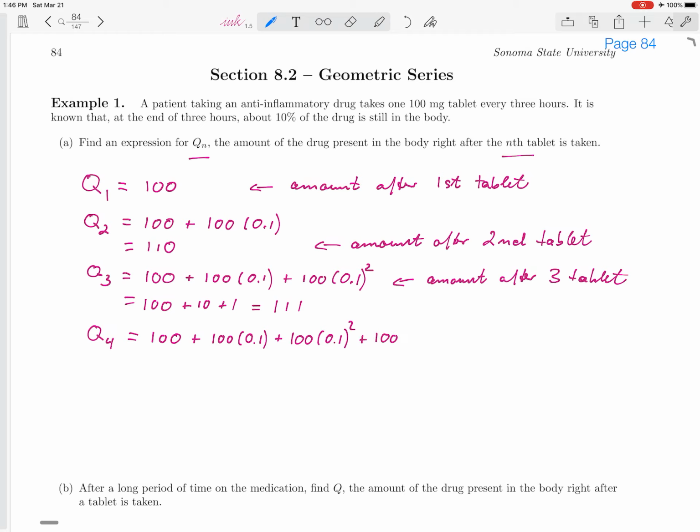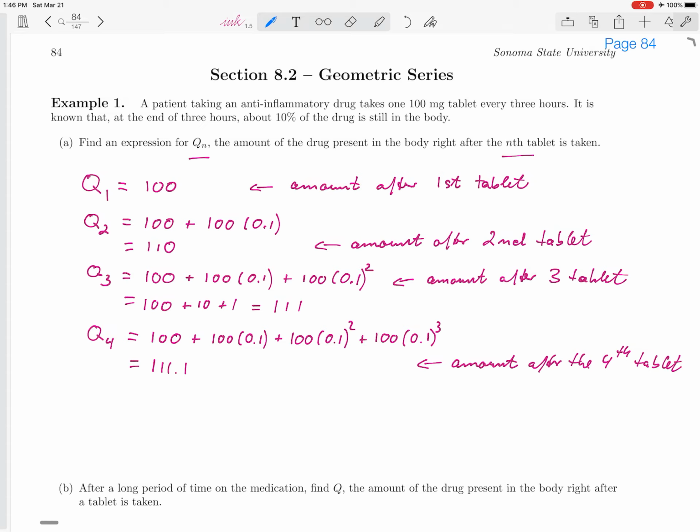And that very first dose that we took, 100 times 0.1 cubed is left. And adding up all of those terms, we get 111.1. So that is the amount after the fourth tablet.